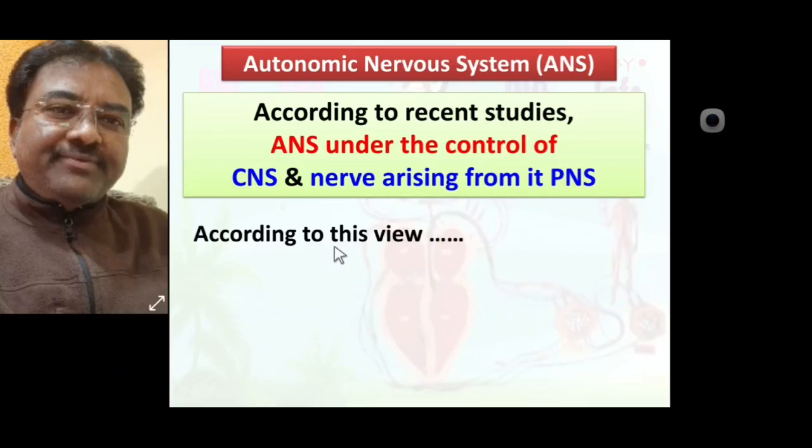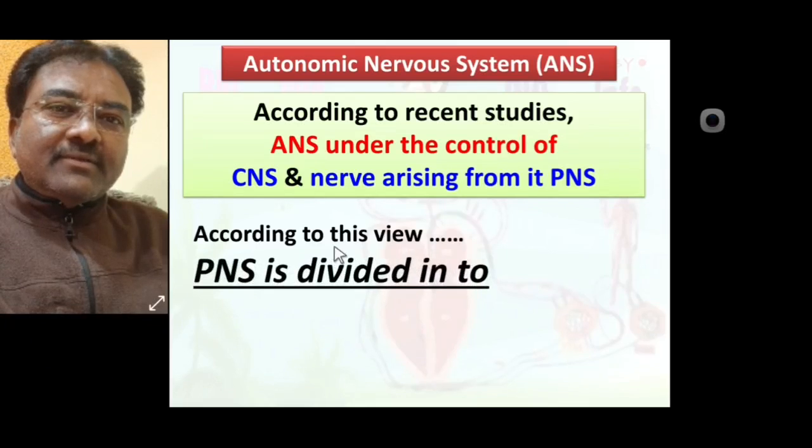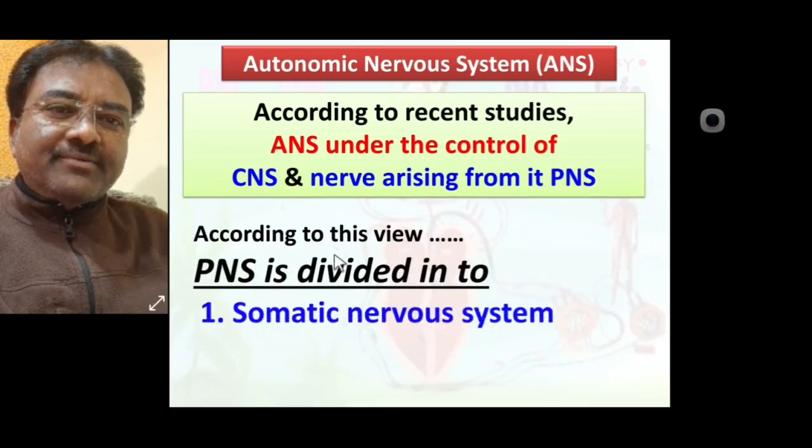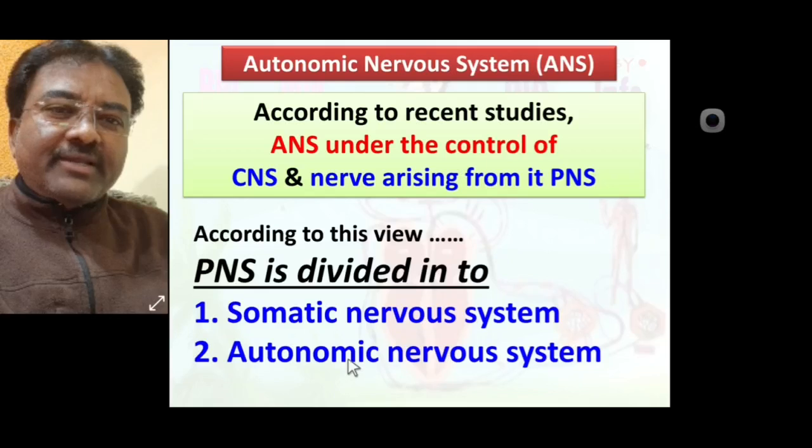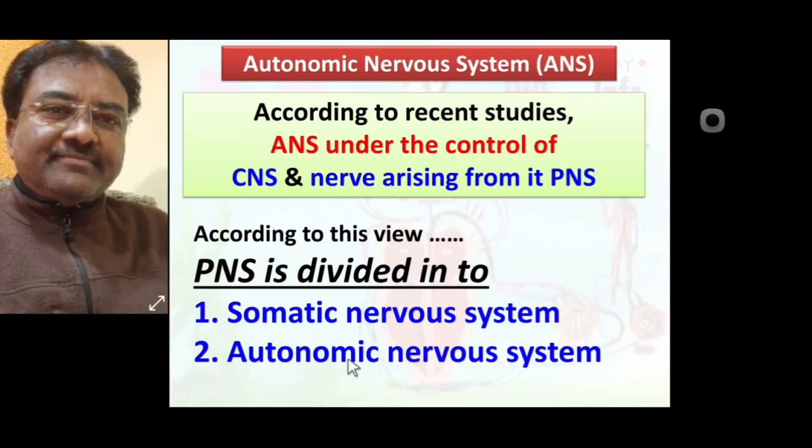According to this view, the PNS is divided into the somatic nervous system and the autonomic nervous system.